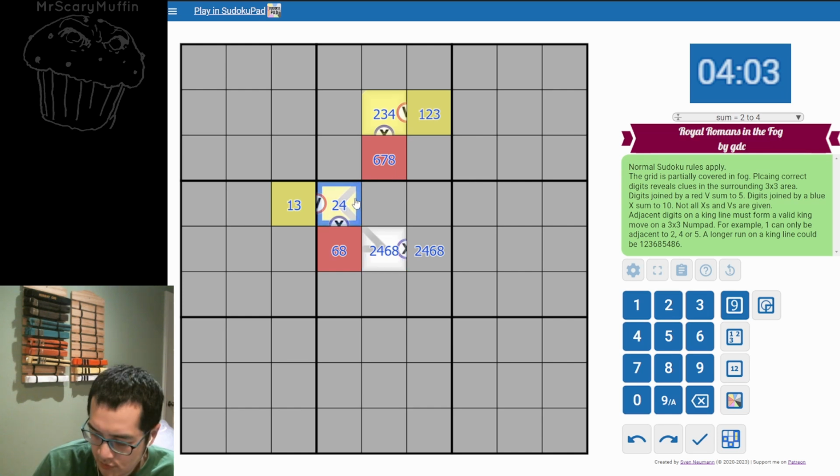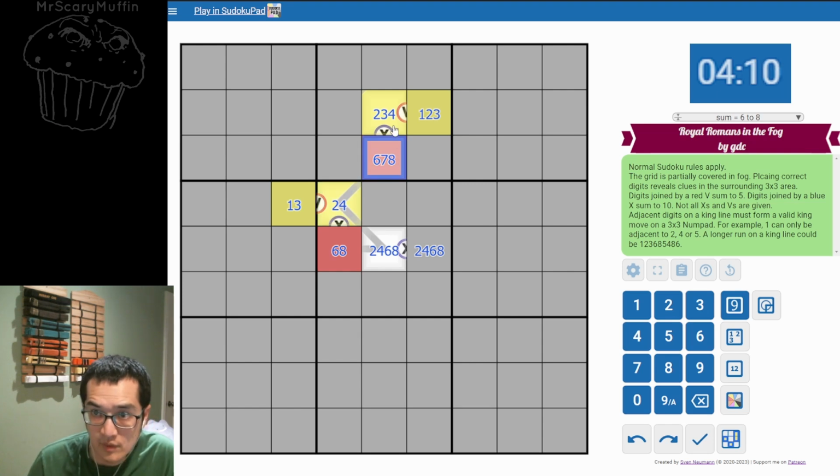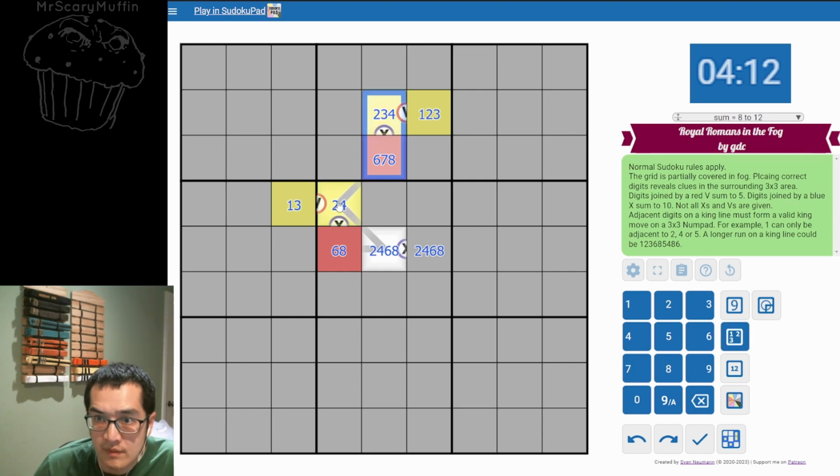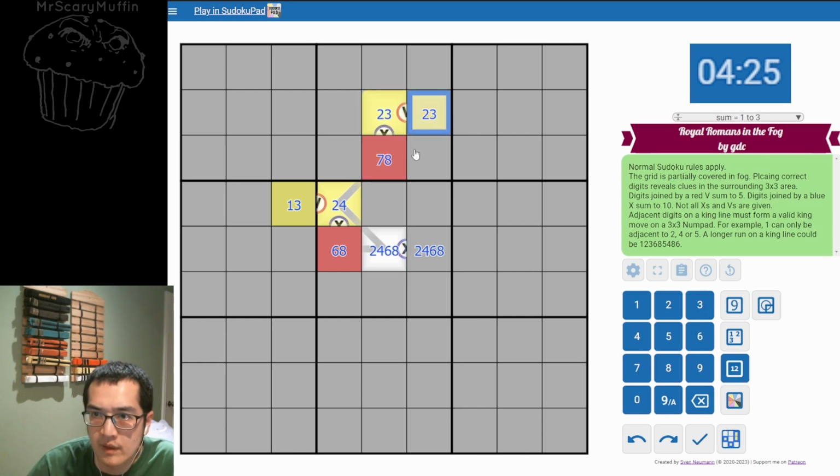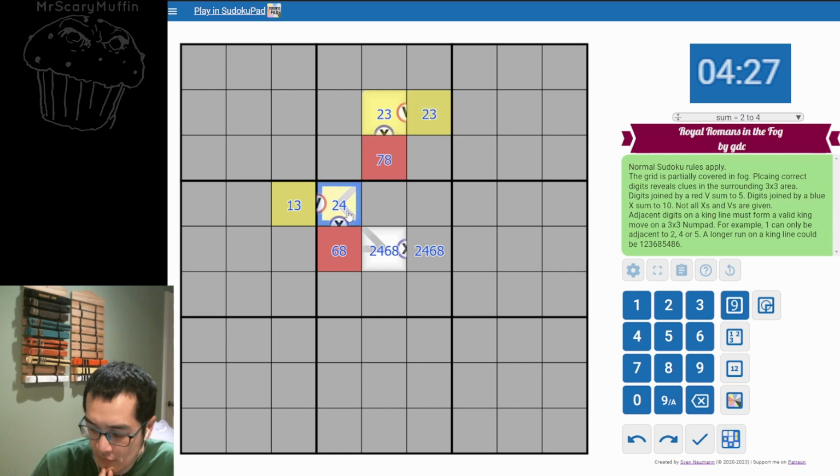If this is a 2, it can go to a 6 and a 4. But then this 2 needs to get to the 8 through a 6 or a 4. So therefore, that doesn't work. So this cannot be a 6 and a 4 when this is 2. I think we could just get rid of that. I think the same is true when this is a 4.